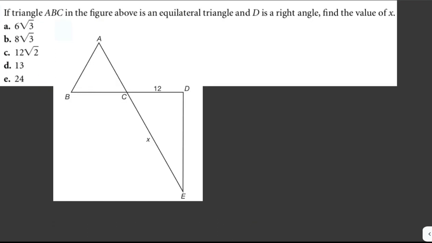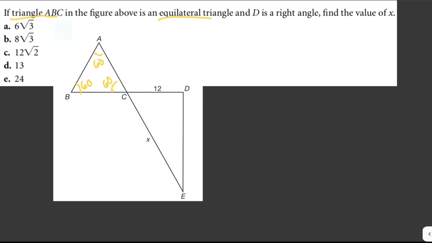If triangle ABC in the figure above is an equilateral triangle and D is a right angle, find the value of x. Since it is given here that triangle ABC is an equilateral triangle, every angle in this triangle is equal to 60 degrees. So this one is 60, and this one.